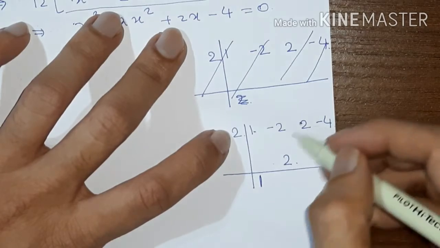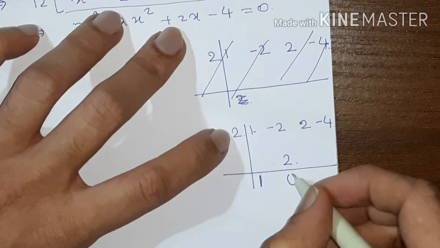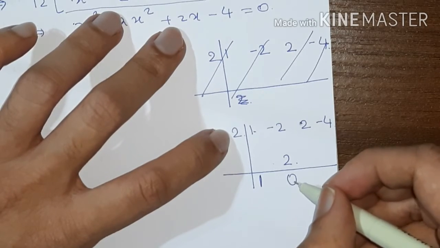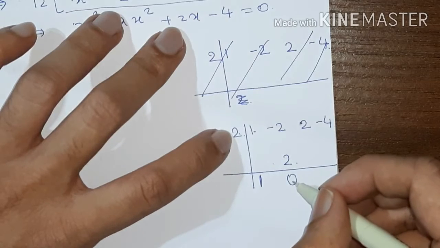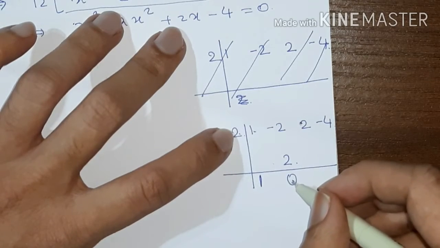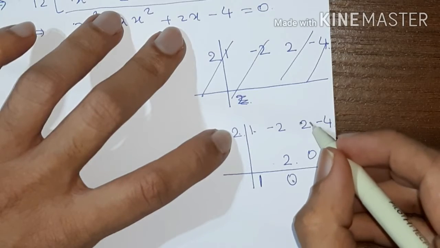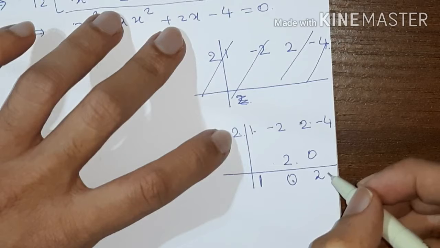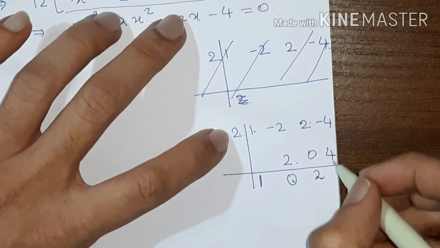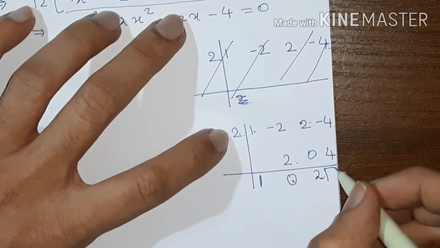Now you add these, so minus 2 plus 2, which is 0. Then you multiply this number to 2: 0 multiplied by 2 is 0, and 2 plus 0 is 2. Then you multiply this 2 to this 2, so you'll get 4. So minus 4 and plus 4 is what? 0.